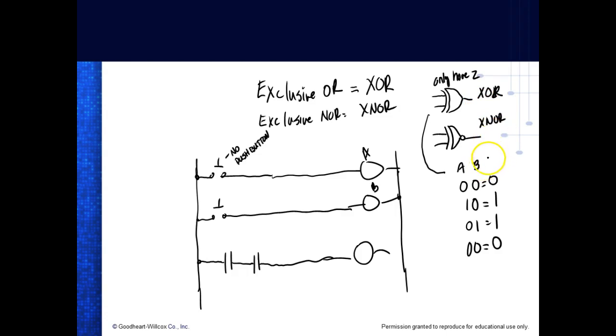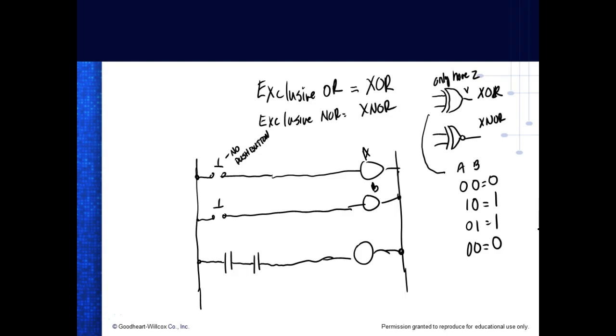Just A and B. And then we'll call the output Y. What the symbol shows you is what's required on the inputs and what we get on the output when the inputs are not equal to each other. So the exclusive OR says I get a 1 when the 2 inputs are not equal.